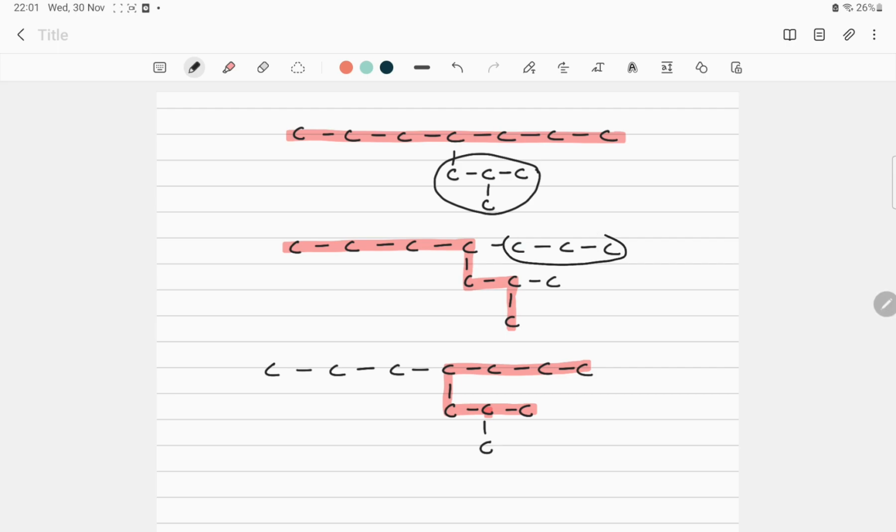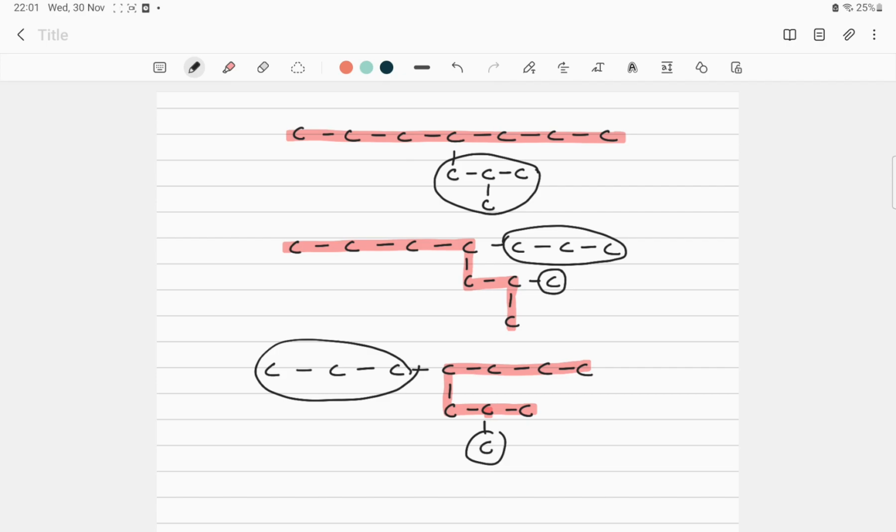What are these? One is this, other is this. If we go for the third one, again we have two substituents. One is this, other is this. So in the second and third, the number of substituents is two.